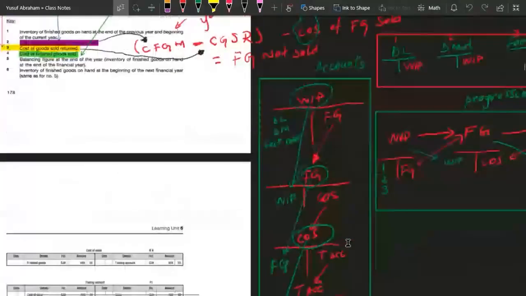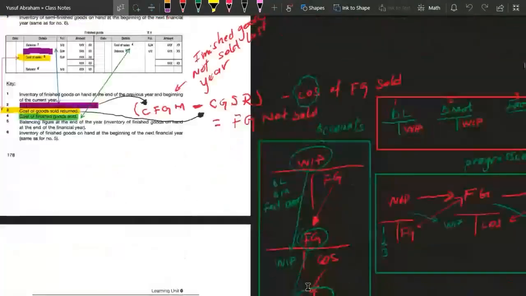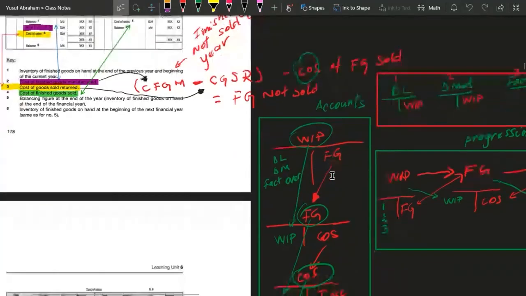Here is the progression. You have these 3 costs: direct labor, direct material, factory overhead. I hope you are seeing my mouse here. These are going to come into the working process. You see them here: direct labor, direct material, factory overhead. On this side, you will have the finished goods, right?